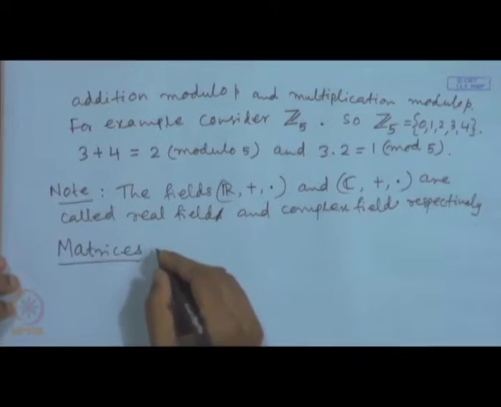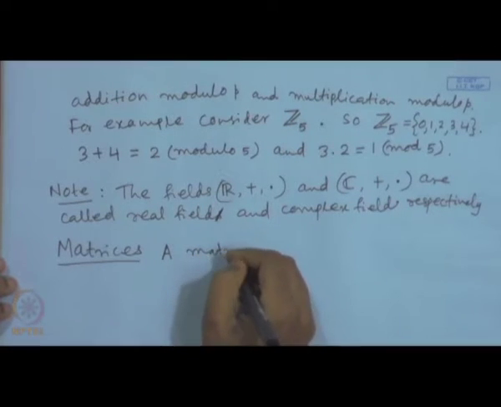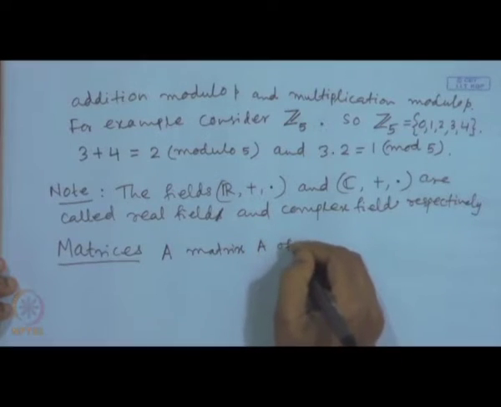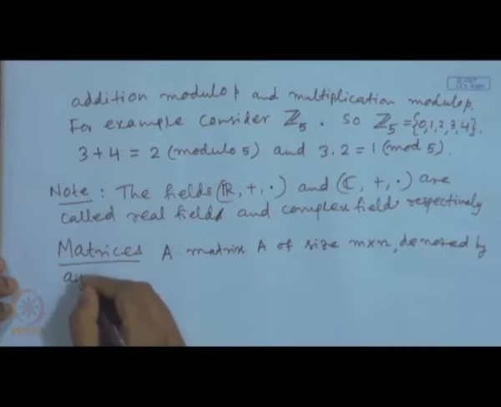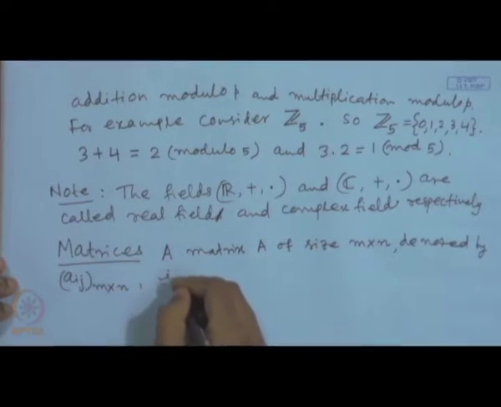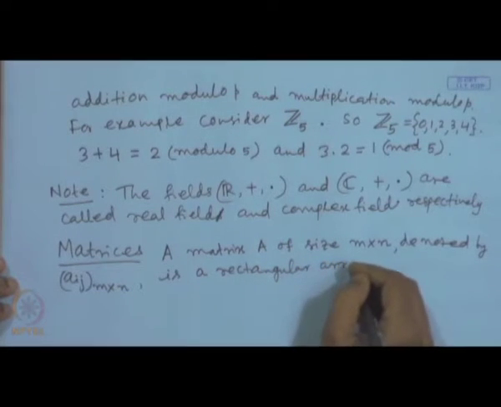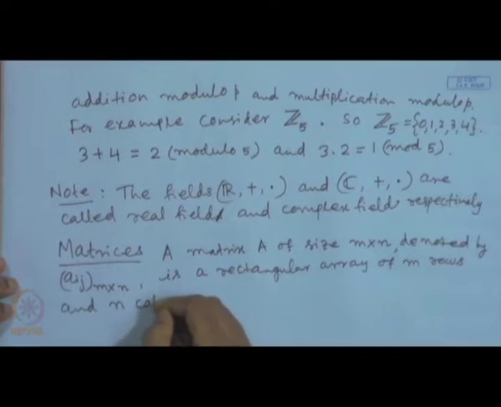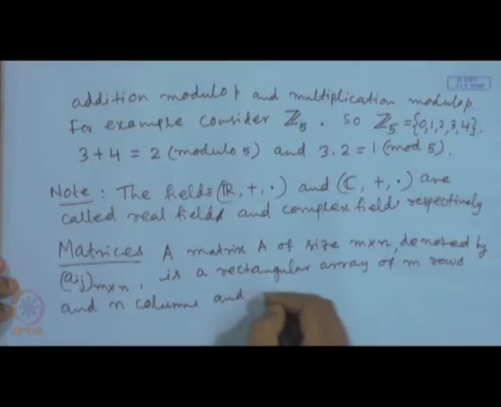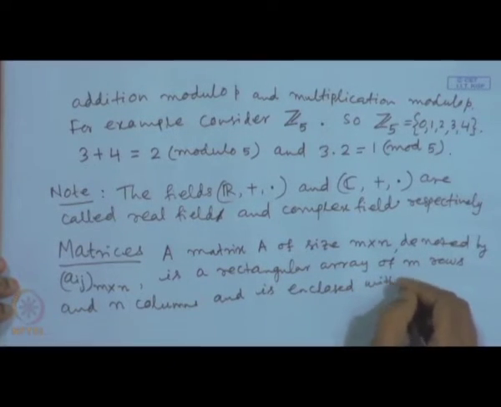As you know, a matrix A of size m by n, denoted by Aij m by n, is a rectangular array of m rows and n columns, and is enclosed with brackets.